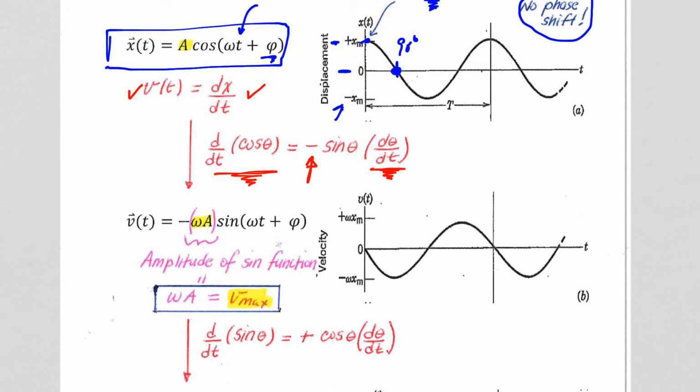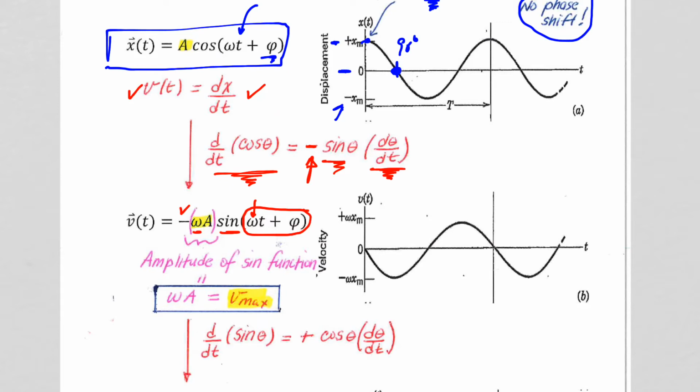Well, when we do this to our function, right? So we have a cosine omega t plus phi equals negative sine theta. So that's why we get the negative sine theta. But then we need to take d theta dt. So d theta dt gives us another omega out here on the end.